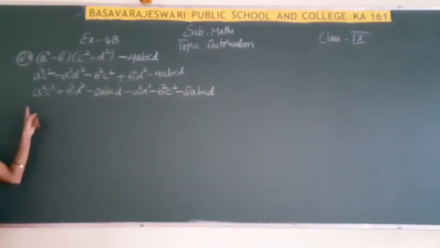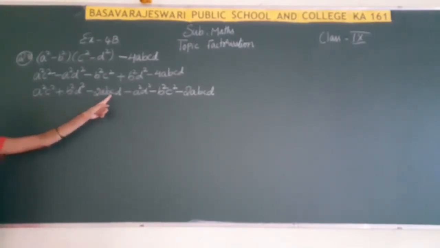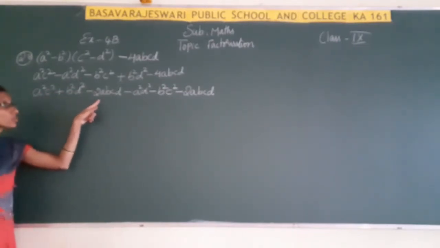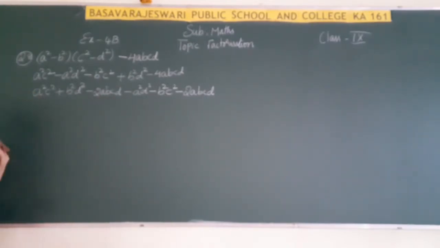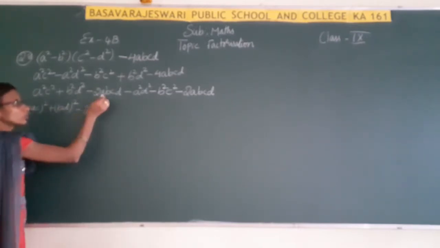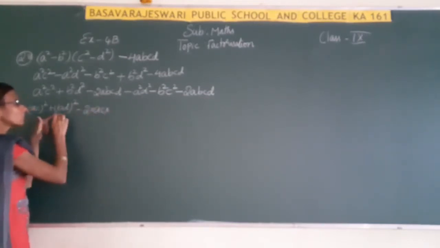Now you see here, (ac) square plus (bd) square minus 2abcd means a square plus b square minus 2ab. This is the expansion of (a minus b) whole square. So I am writing (ac) square plus (bd) square minus 2 into ac into bd.